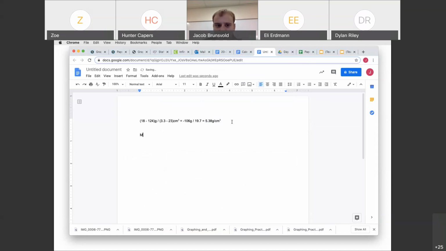So m equals 5.38 grams per centimeter cubed times V plus B. Now, the reason why you write it out with M and V is now it's going to be really easy to plug in when we take a look at our table.